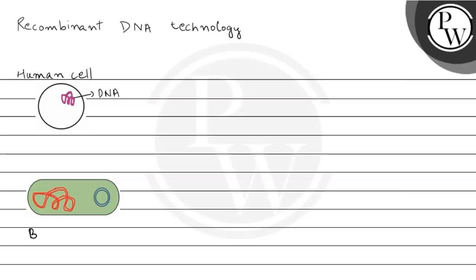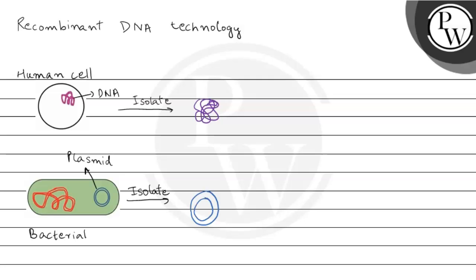And this we will consider as the bacterial cell, and this as the plasmid of the bacterial cell. Now our first step will be to isolate the DNA from the human cells and the plasmid from the bacterial cells. So the DNA from the human cells will be isolated from the cell, and the plasmid of the bacterial cell will also be isolated from the bacterial cell.